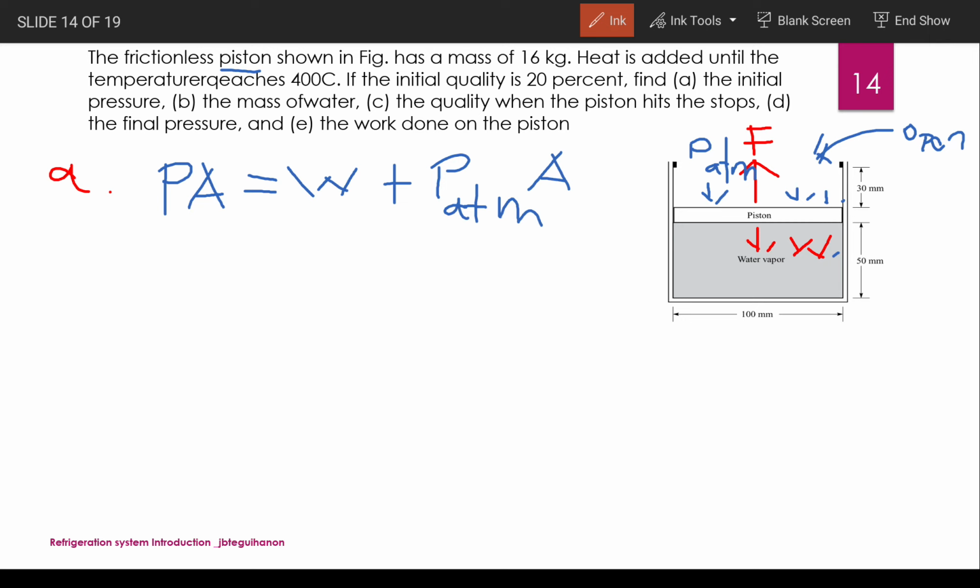This pressure I call pressure 1, that is where your P1 is, because the water vapor pushes back.